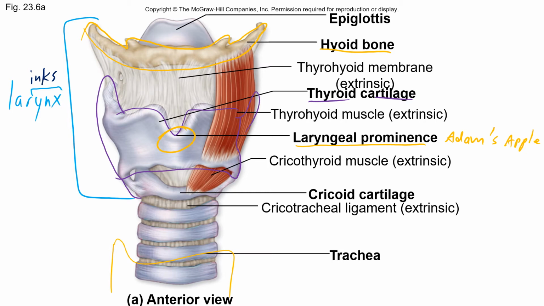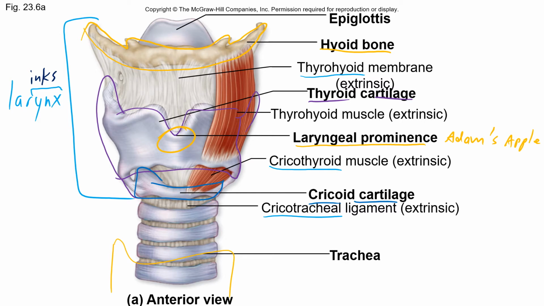And then there is a cricoid cartilage, which is more prominent on the posterior side than the anterior side. There are also several of our famous anatomical O's: thyrohyoid, cricothyroid, cricotracheal, and there are muscles and membranes and ligaments in each of these places.